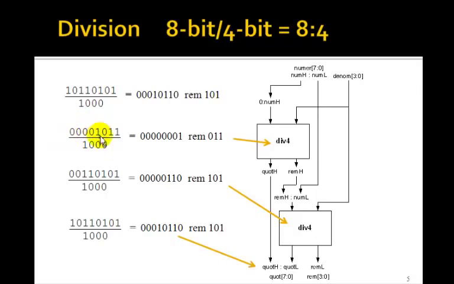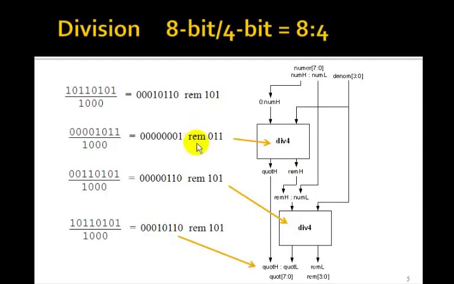Now, since 0 is definitely less than 8, we know this will work for our 4-bit divider. So if we just shift this 3 bits to the right, you can see what the answer is. This is going to be the quotient of 1. This 4-bit 1 will fit in the quotient easily. And the remainder is 011, or 3. So that's what's going to come out of here. Quotient high will be 0001, and the remainder high is 011.